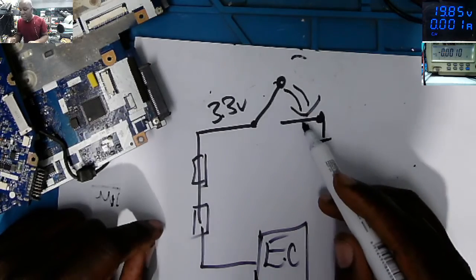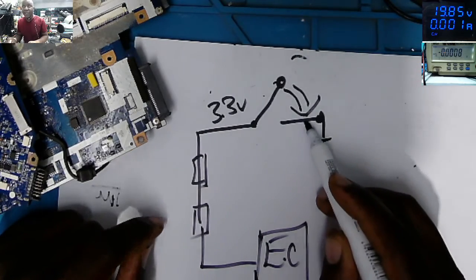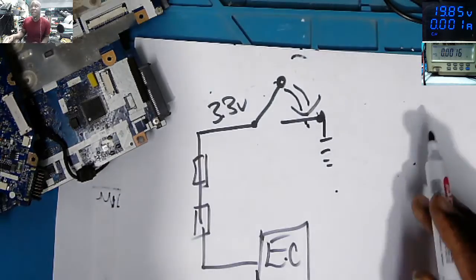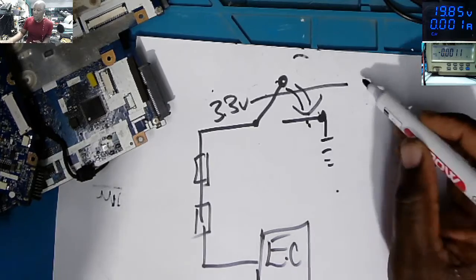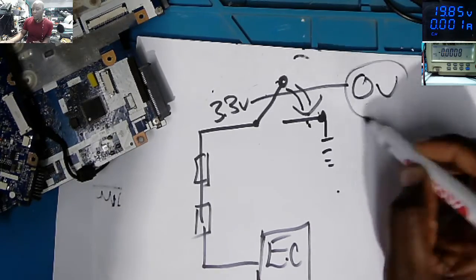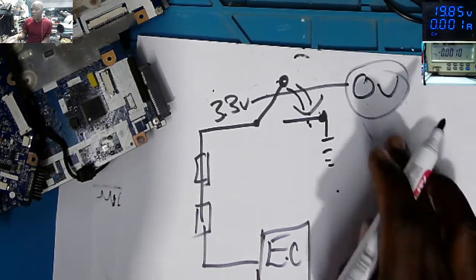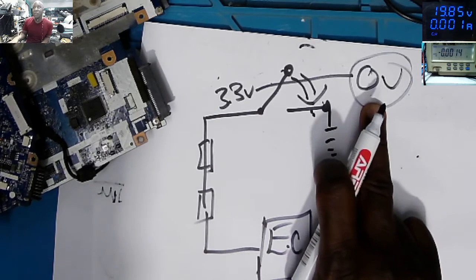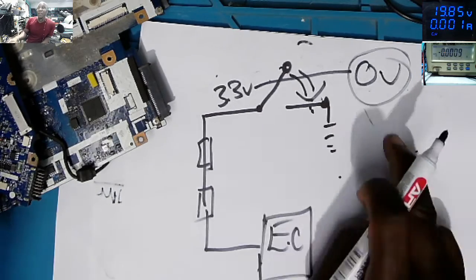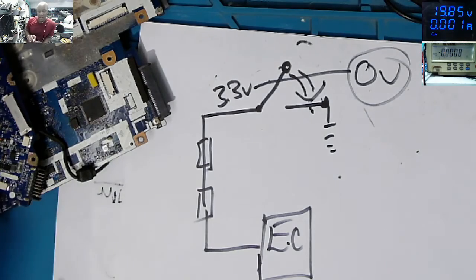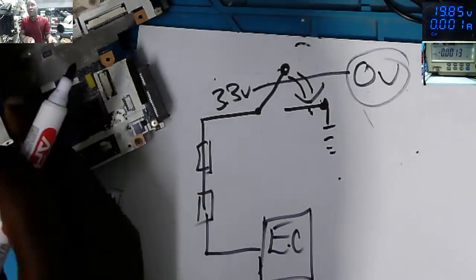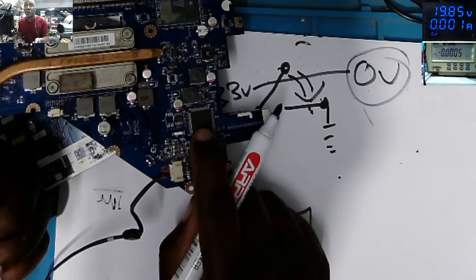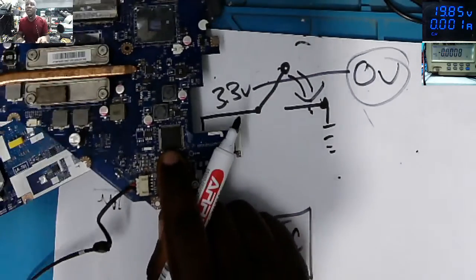So if you press the power on button, check with the multimeter to see if that 3.3 is going to 0. When you release, it goes back to 3.3. Pressing, it goes to 0. If you see something like that and the laptop is not coming on, probably the EC chip is gone. That is another way to check.